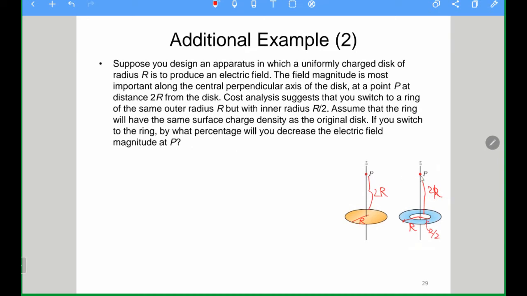Okay, so we need to determine how much the E field reduces compared to this one. This one is quite simple, as we already know the equation E equals sigma over 2 epsilon naught times 1 minus z over square root of z squared plus r squared.